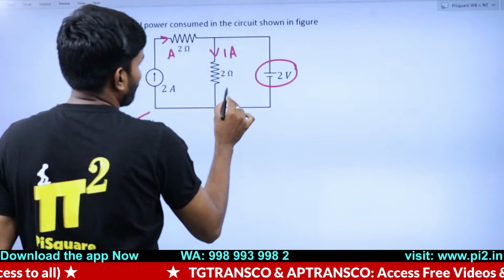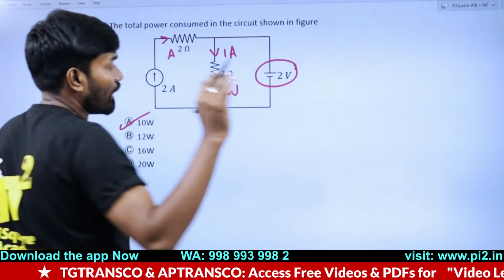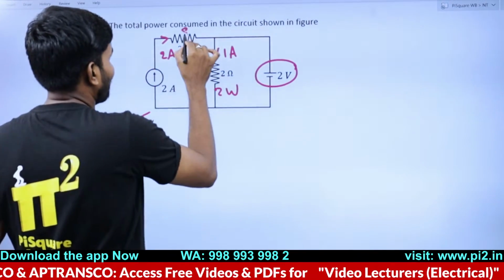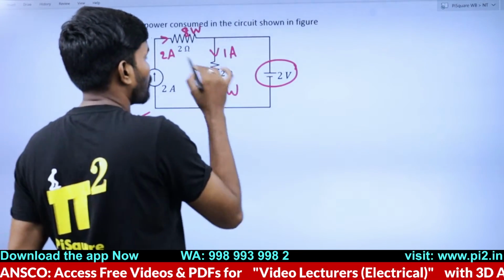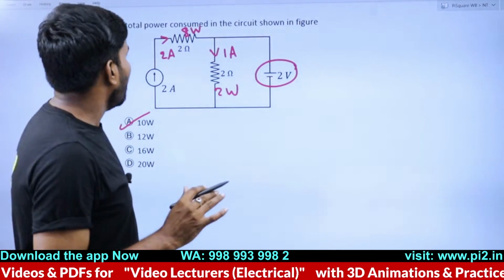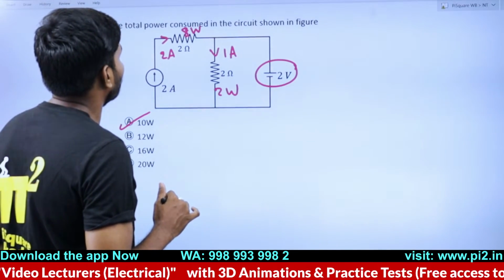This consumes 2 watts of power. I'm just trying to explain your way. You're thinking that this is 8 watts, this is 2 watts, right? This is what you're saying. And let me just see what is the other possibility.